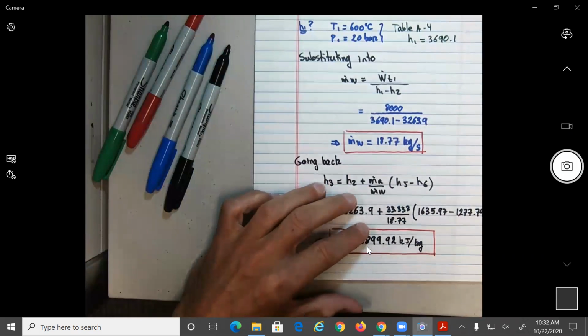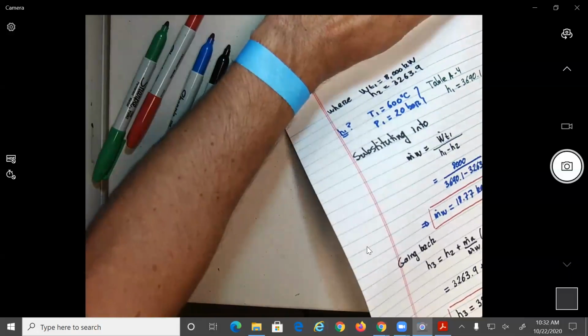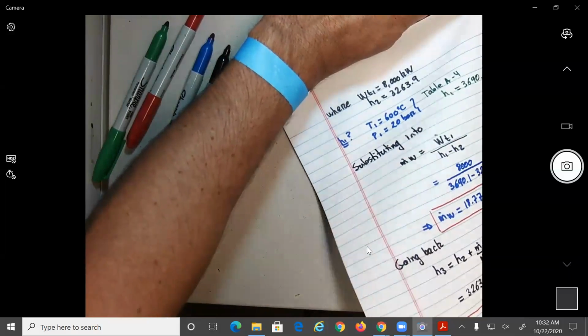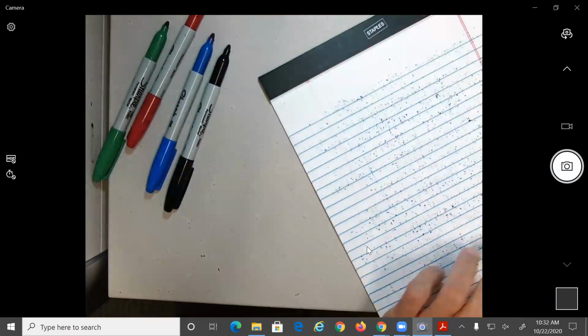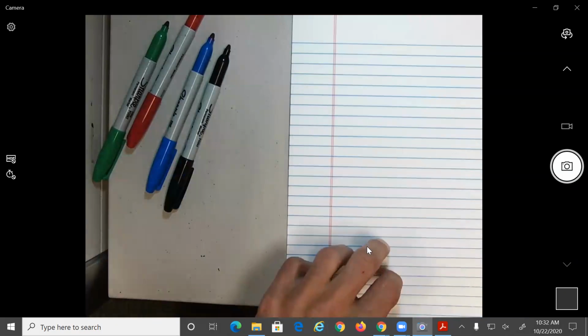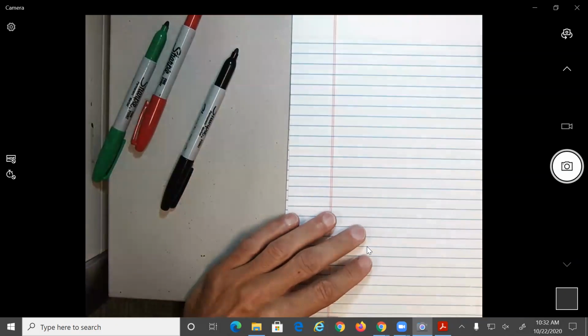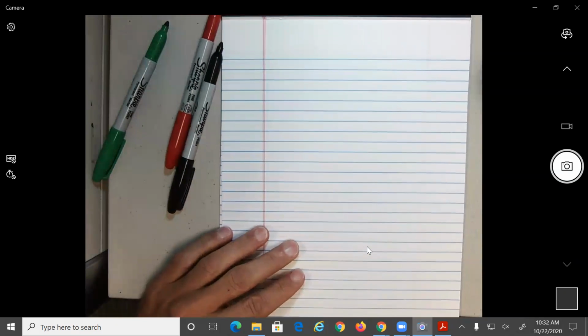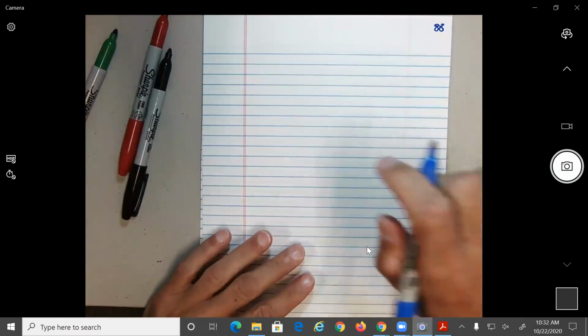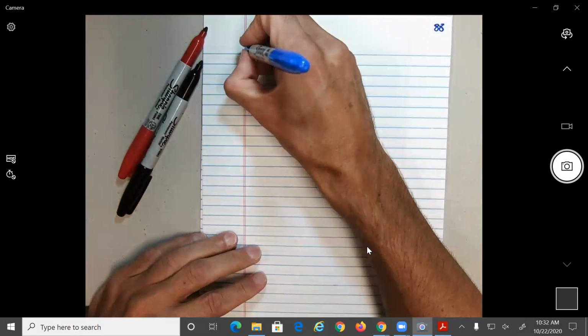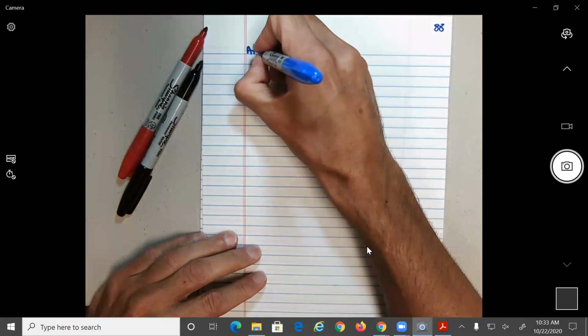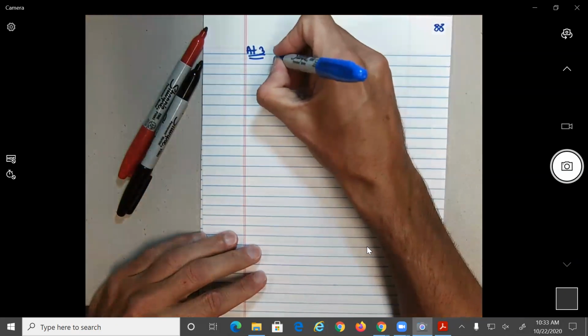So this is not going to be the fun part. Page 88. At point 3, what do we know?